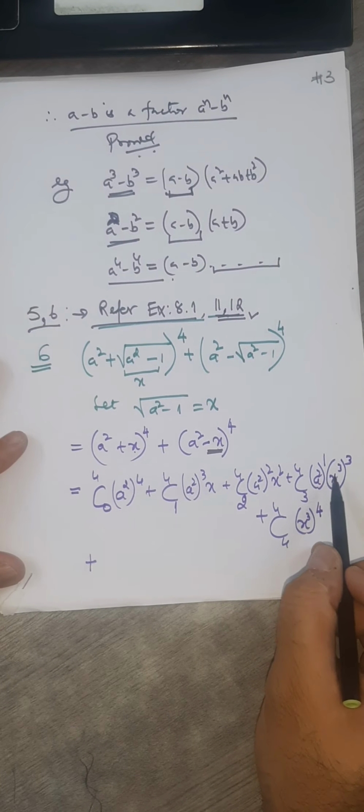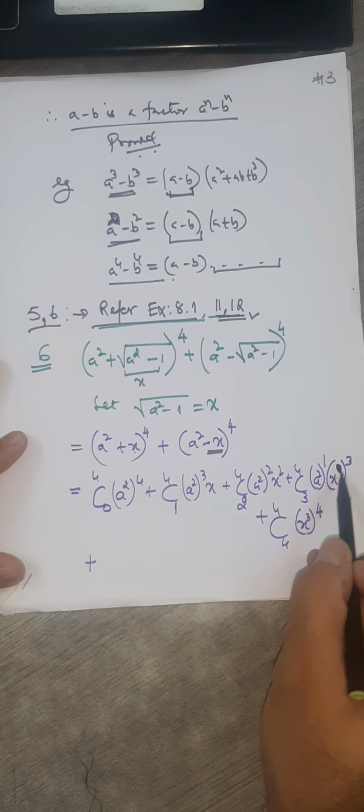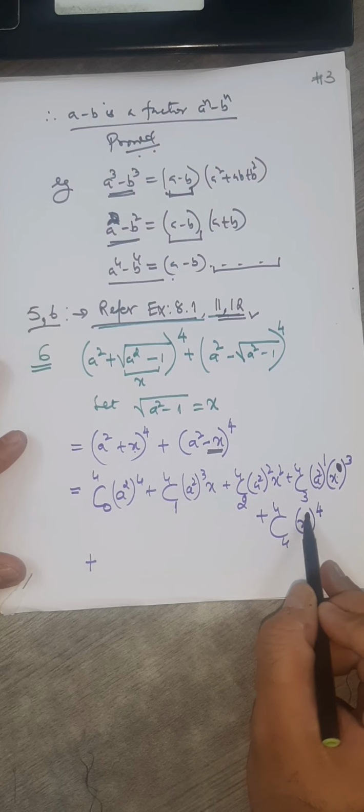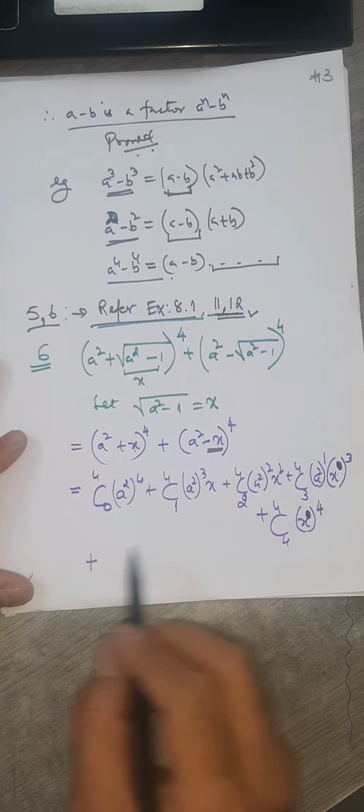Sorry, here it should be just x cube, remember, not x cube the whole cube, and this is x raised to 4. I'm sorry, because it's just x.